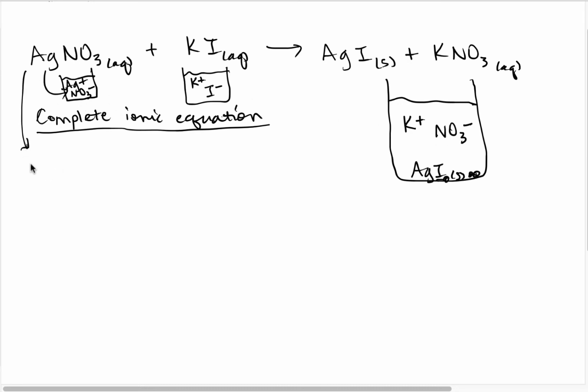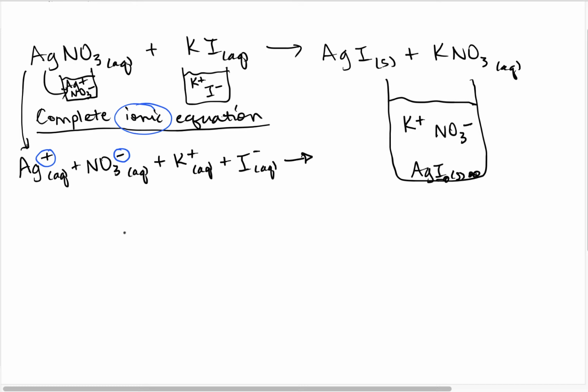So for silver nitrate in a complete ionic equation, we would write silver ion and nitrate ion. And you need to make sure that you write the charges in. It's an ionic equation, right? So we've got to have ions. And potassium iodide becomes potassium ion and iodide ion.